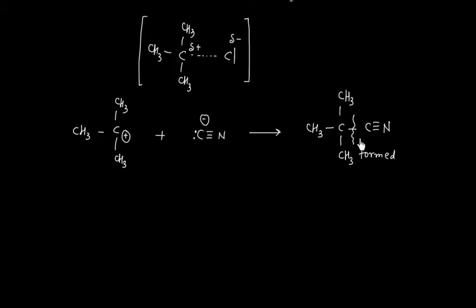So in transition state, this bond is partially formed. This carbon will have delta plus charge and this carbon will have delta minus charge. Because some minus charge is neutralized, some plus charge is also neutralized.